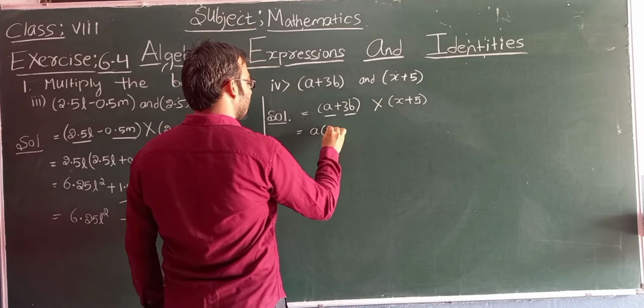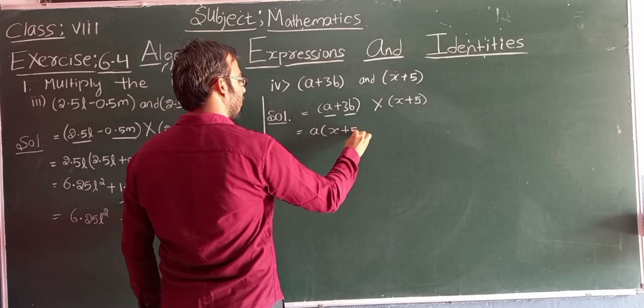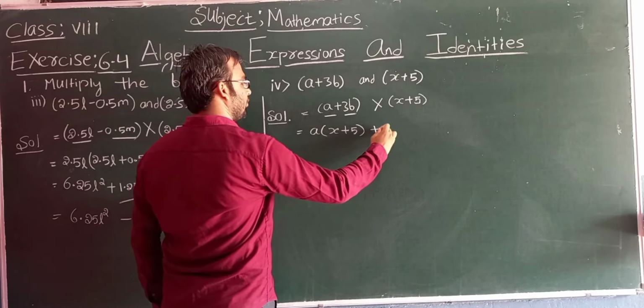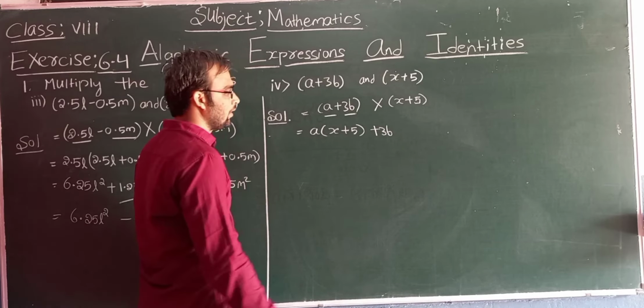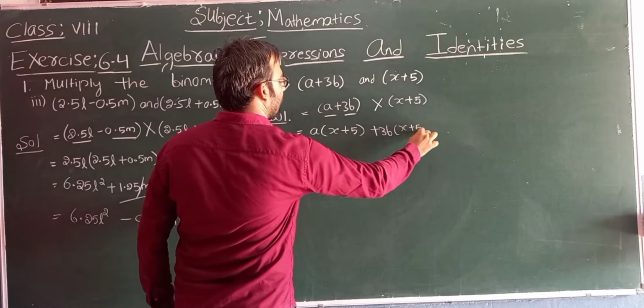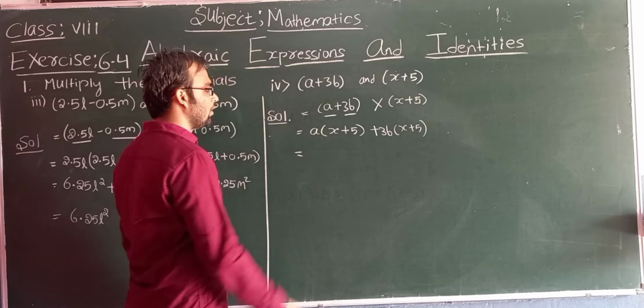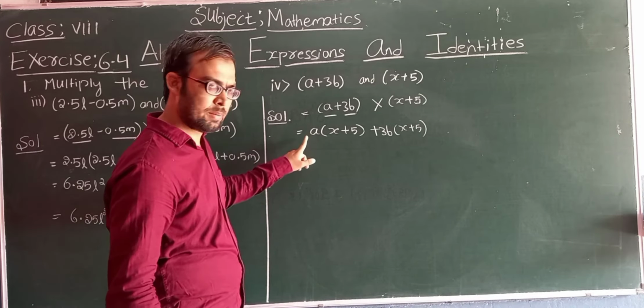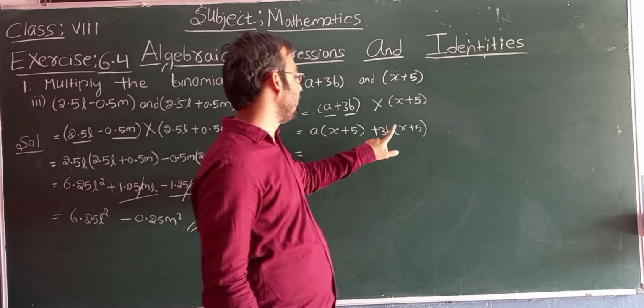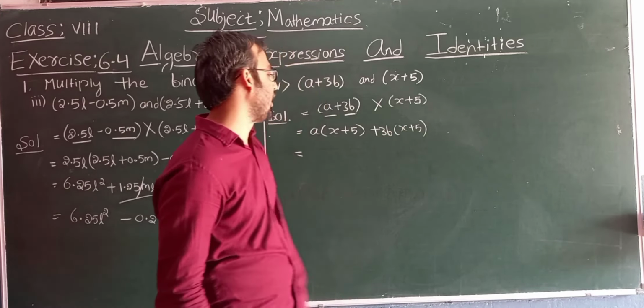So now a, next this one x plus 5. Next here 3b, next write this one, x plus 5. Now we need to multiply a with x, next a with plus 5. Now 3b with x and 3b with 5.